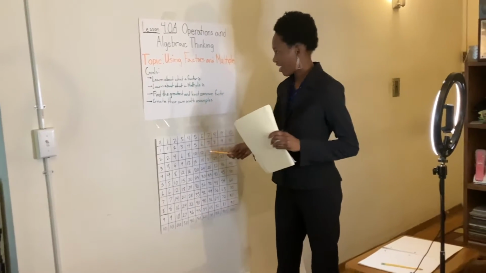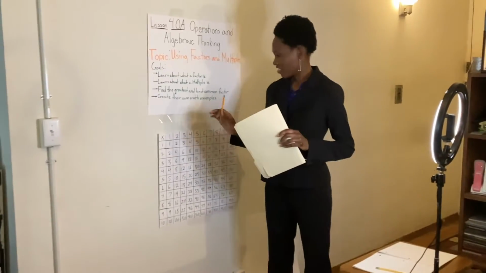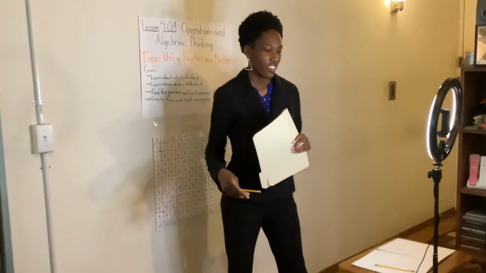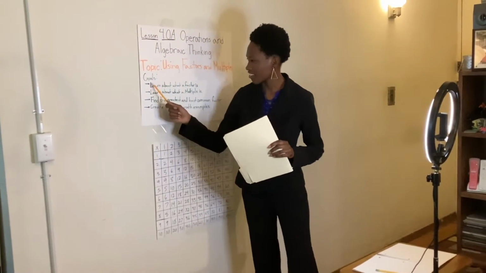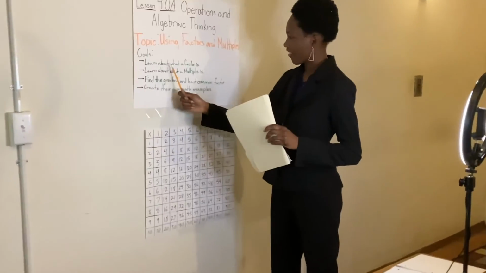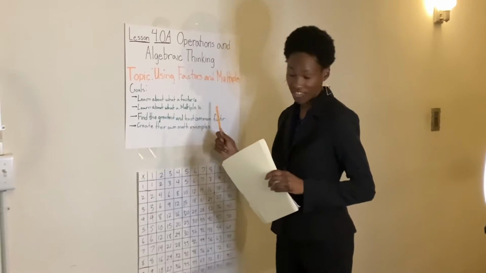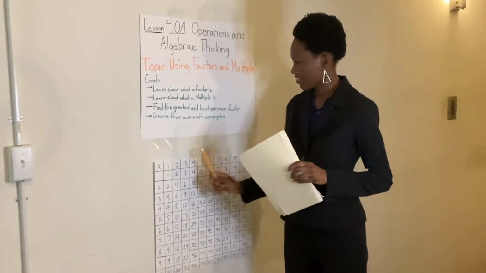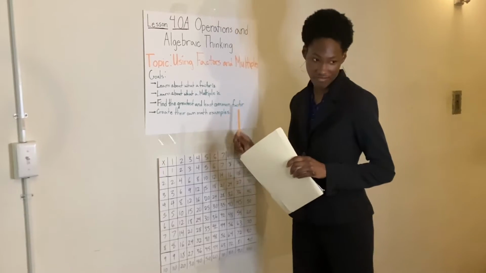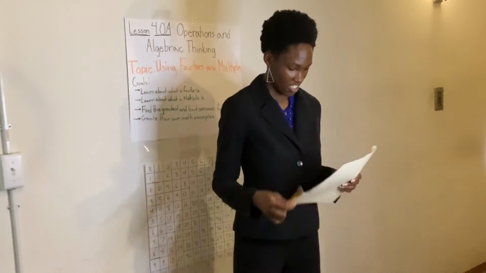So for our topic for today, we're going to be thinking about using factors and multiples. Now, this is going to be some new vocabulary we're going to learn today. Our goals are to learn what a factor is, learn what a multiple is, find the greatest and the least common factor, and create your own math examples after we learn the definitions of factors and multiples.